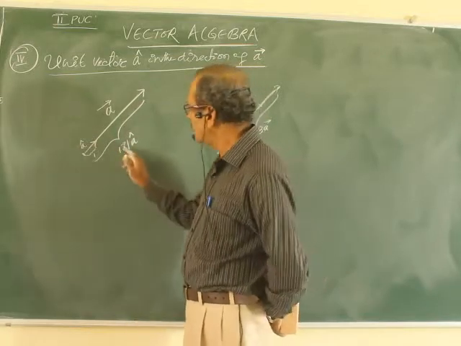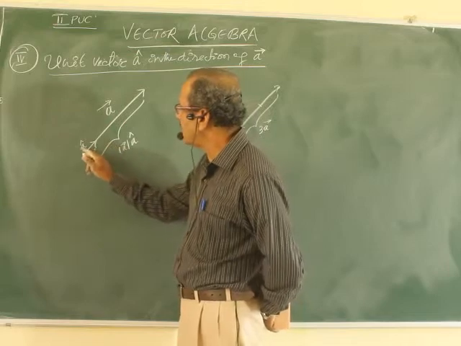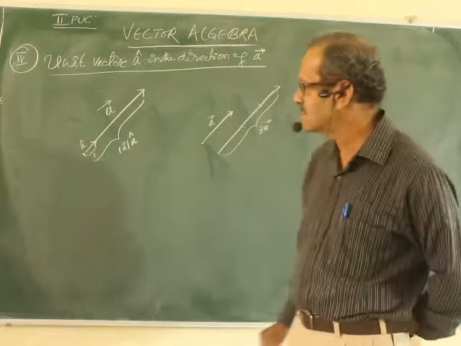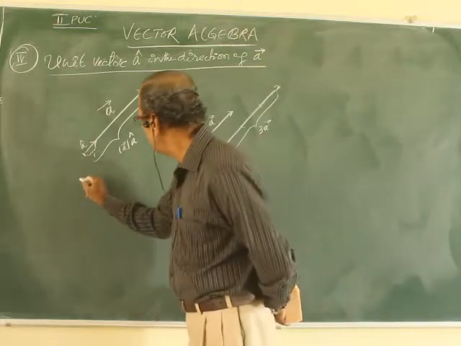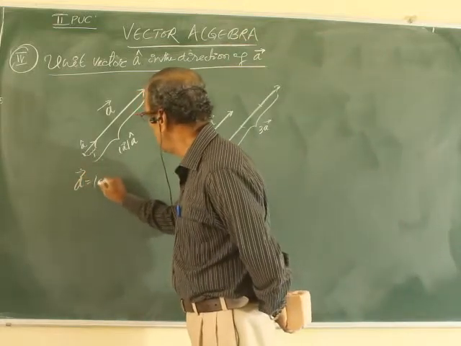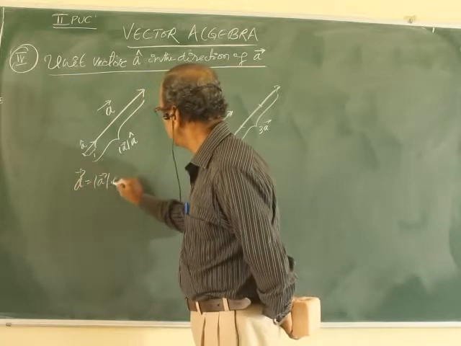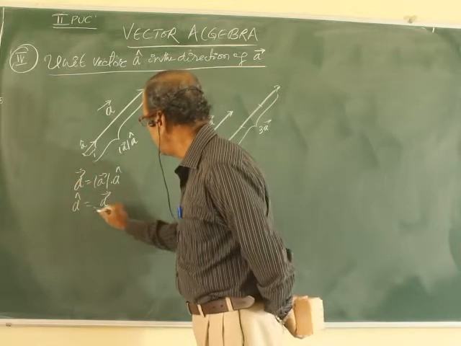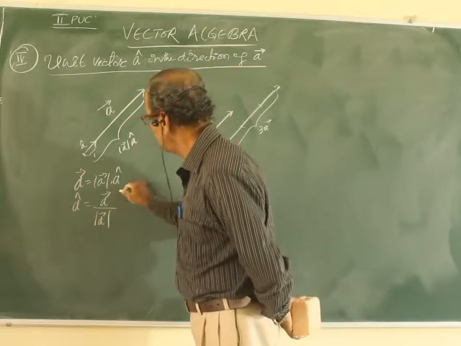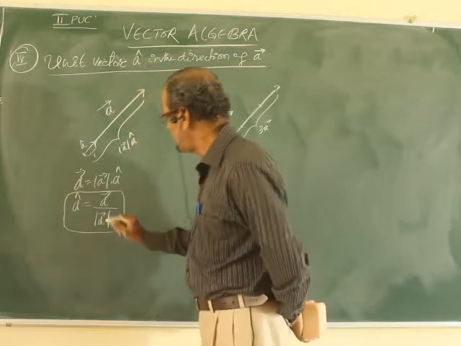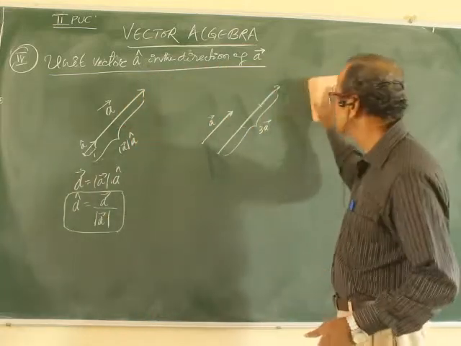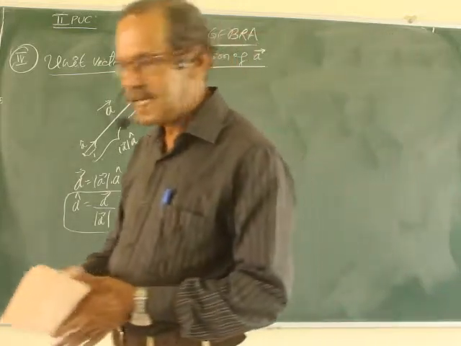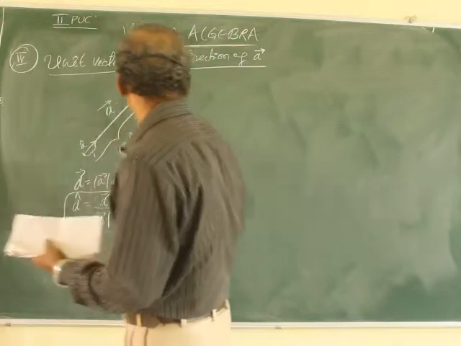Let it be modulus of A, magnitude of A. This much number of times you have to add A cap in order to get the vector A. Or vector A equal to mod A into A cap, or your formula is vector A divided by mod A. Remember, very important formula. Very, very important formula. Shall I write the notes?